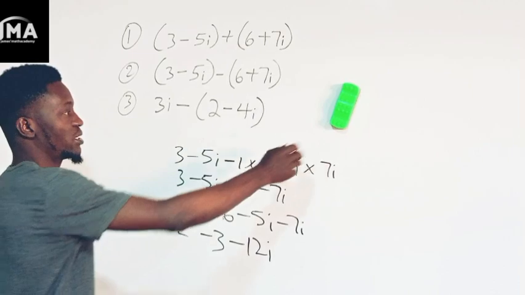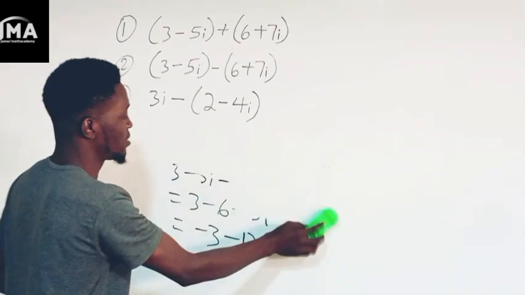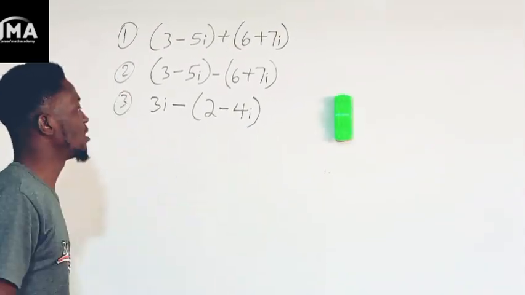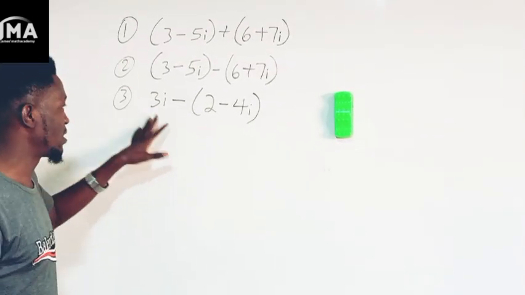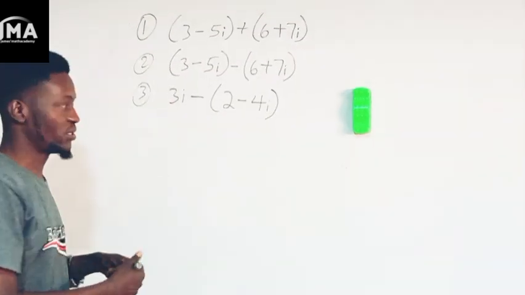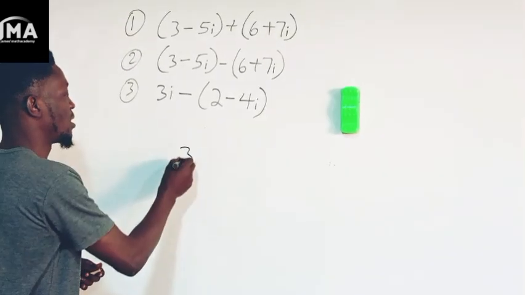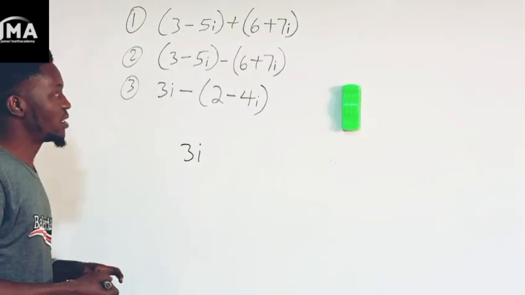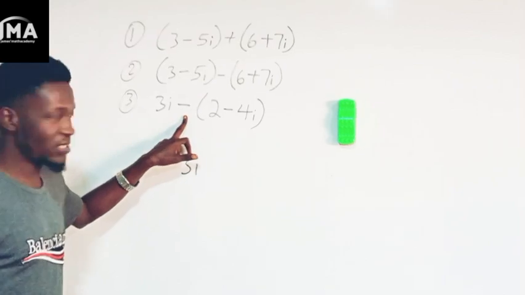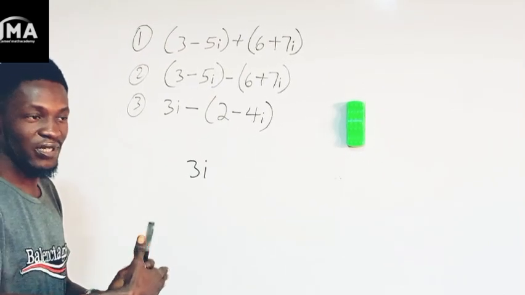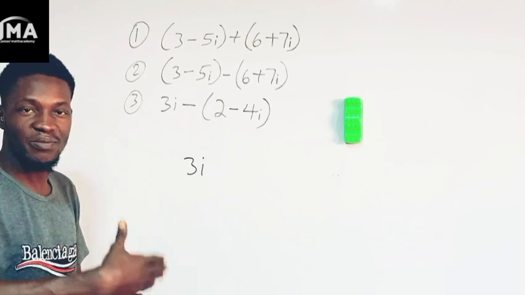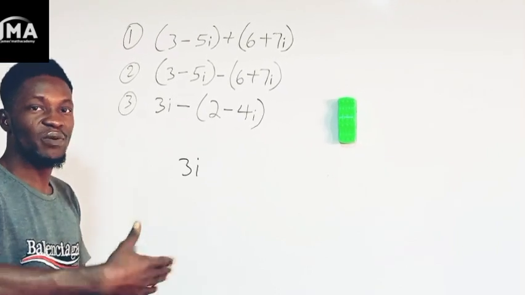Let's see what we can get. In our number 3, this 3i is not in the bracket, it's just standing here, so we write it first: 3i. But there's a negative attached to the bracket, and any negative attached to a bracket in mathematics simply means minus 1.